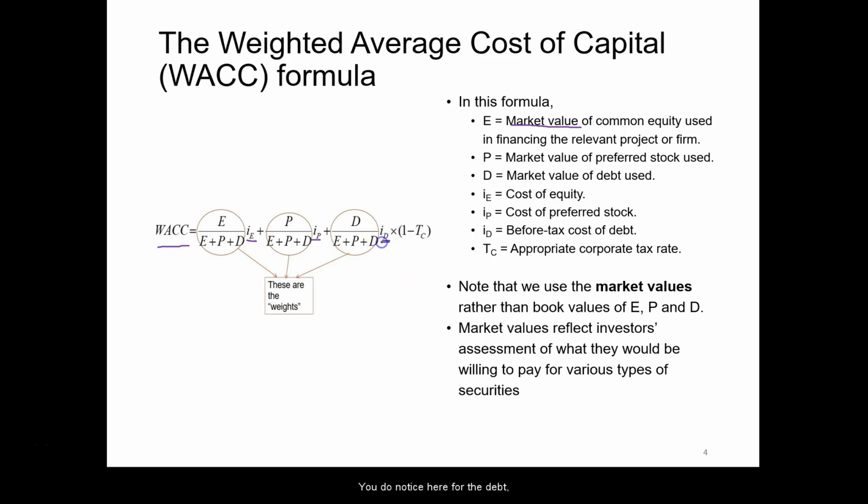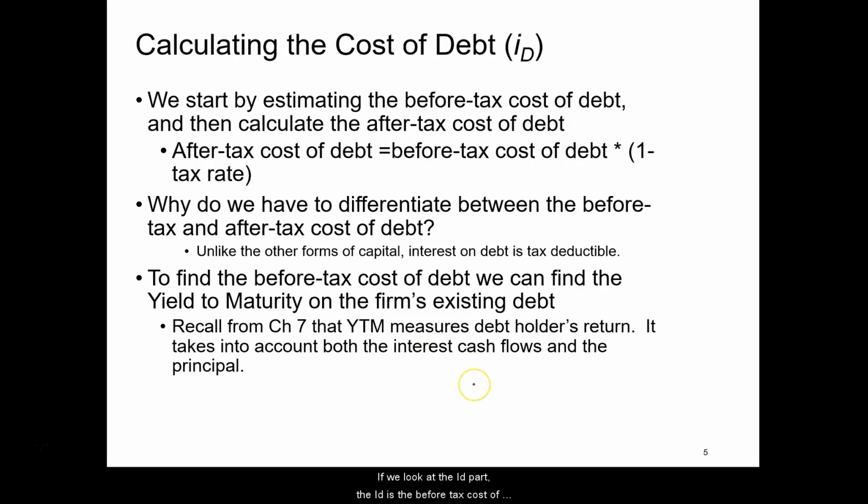You do notice here for the cost of debt, we have ID multiplied by 1 minus T. ID is the before-tax cost of debt, and if we multiply ID by 1 minus T, we get the after-tax cost of debt. The reason we have both before-tax and after-tax cost of debt is that, as we know, interest on debt is tax deductible.